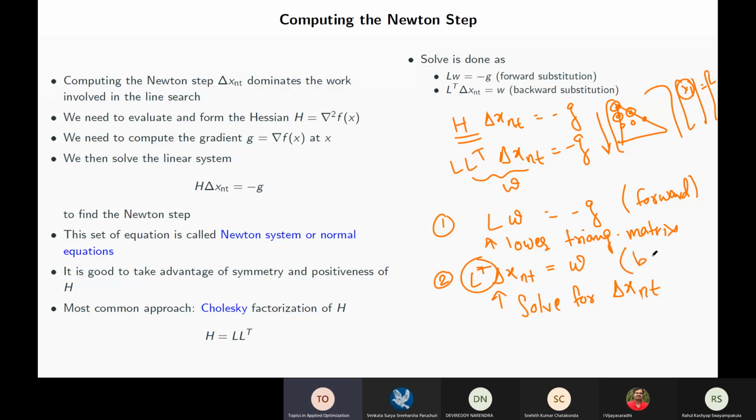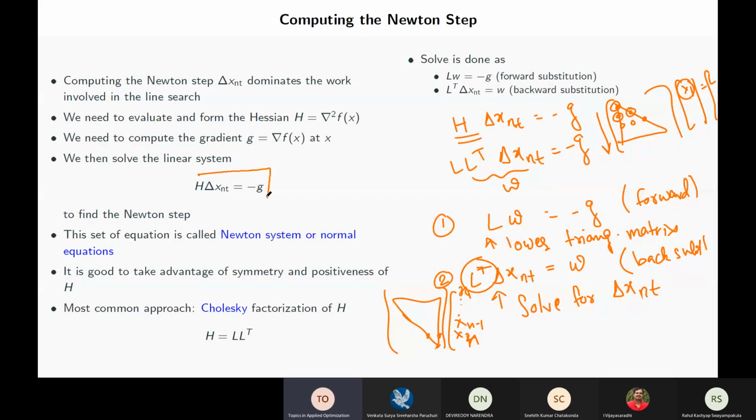This uses backward substitution. Upper triangular matrices look like this, so you first start solving for xn, and then once you know xn, you can find xn minus 1 and so on, and finally you can solve for x1. So there is a way to solve this.